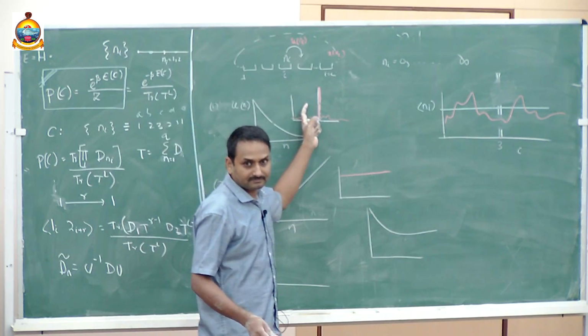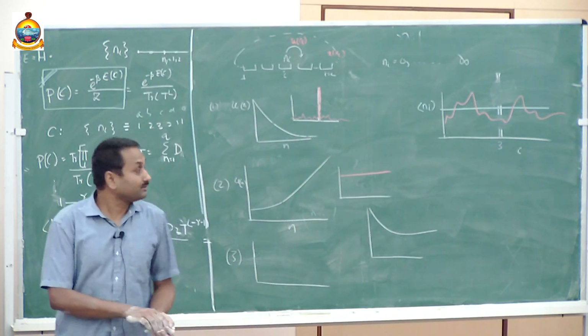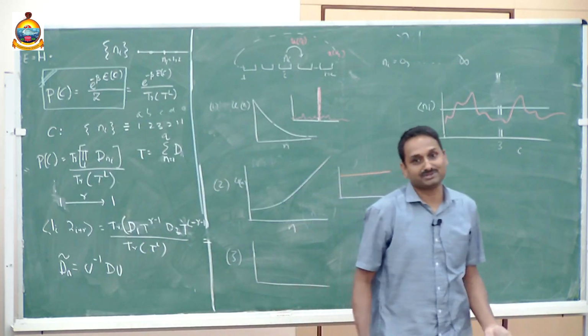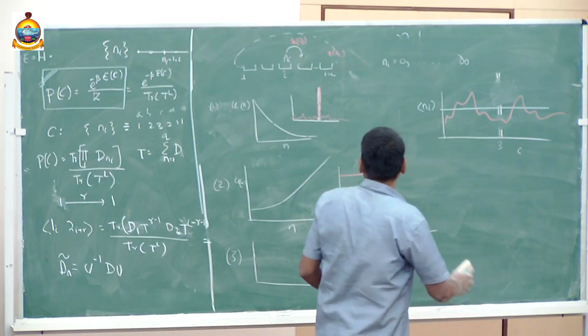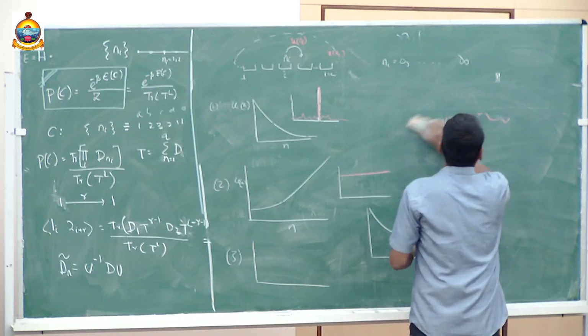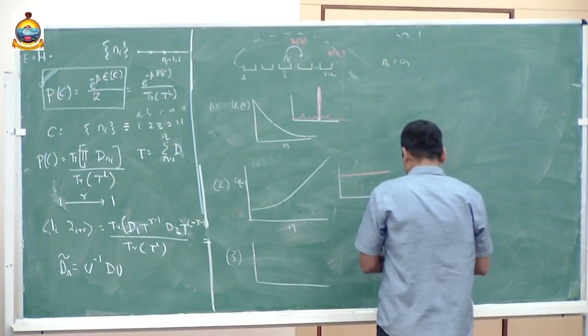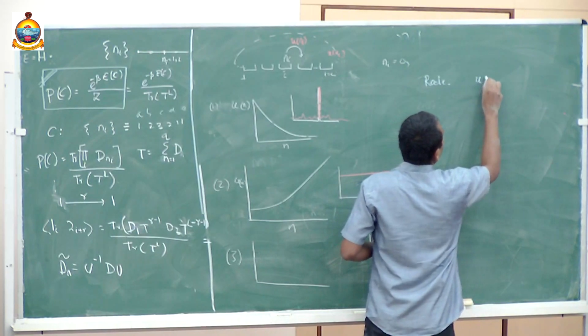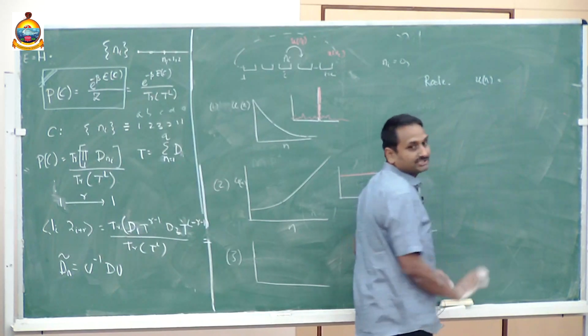Okay, and we try to do these calculations in more detail using this master equation approach. So what we start with is that your rate is just un. It can be a function, so I will not specify now.